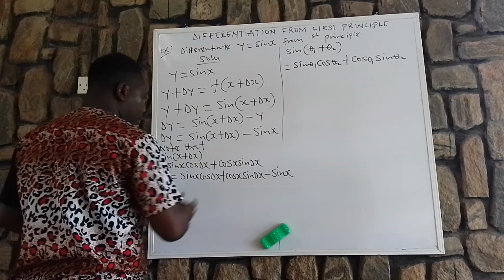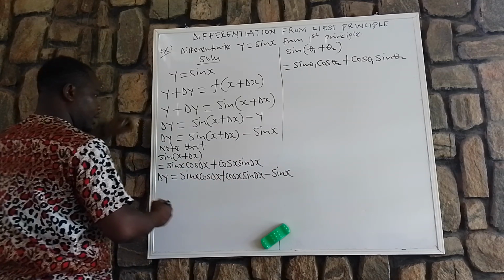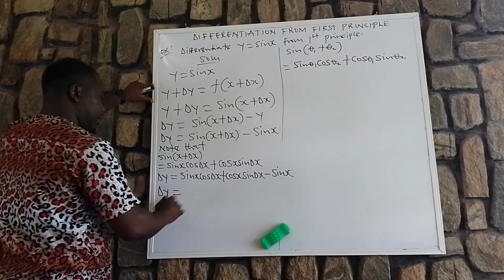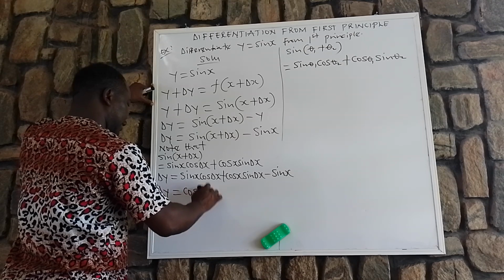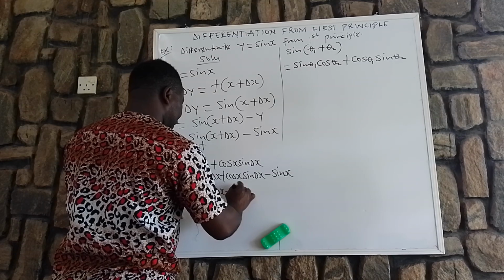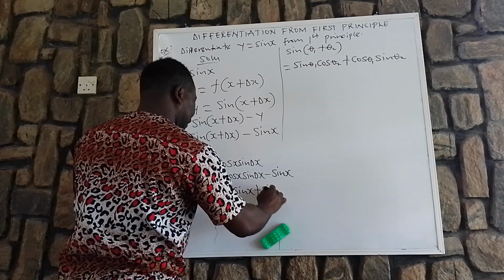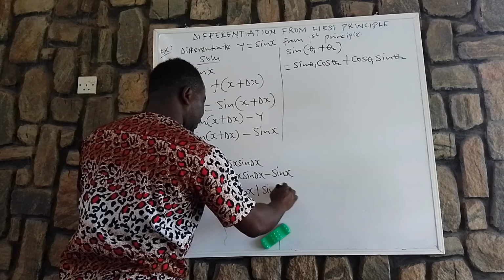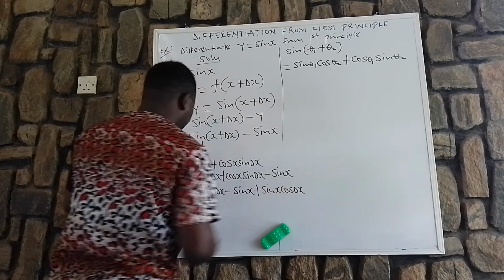So our dy is equal to cos x sine dx minus sine x plus sine x cos dx.